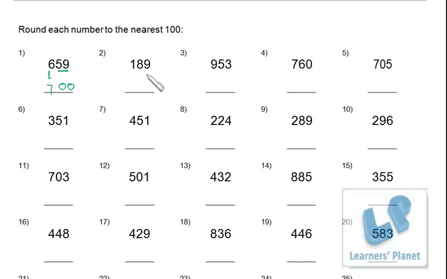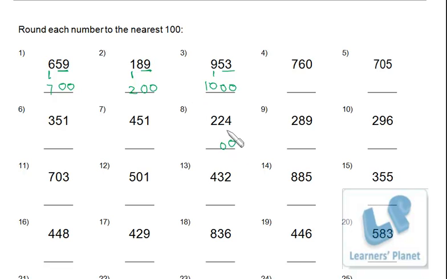Okay, here also I put 2 zeros first of all. 89, it is more than 50, so I add 1 over here. So 1 and 1, 2. Okay, here also put up 2 zeros. See, last 2 digits are more than 50, so I add 1 over here. 9 and 1, 10.